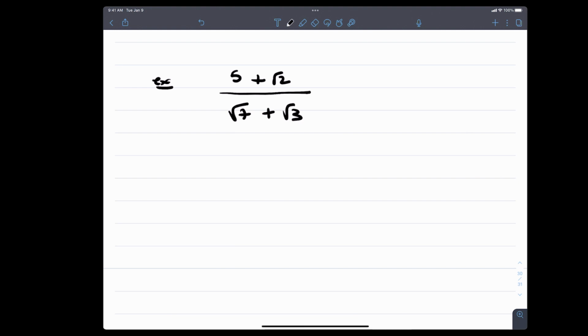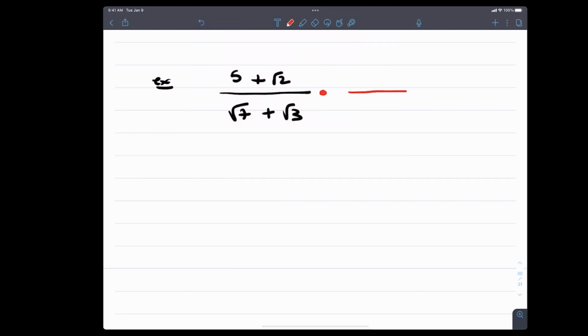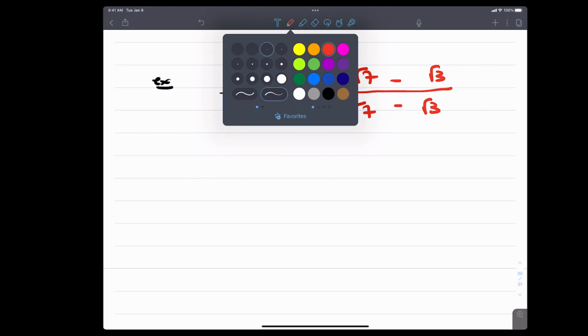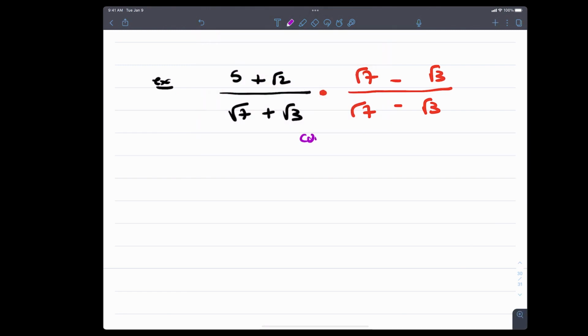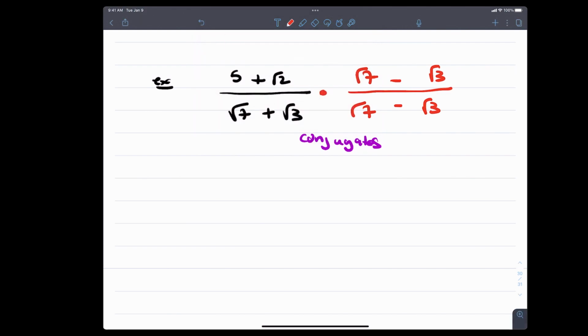Now, ladies and gentlemen, this is going to get interesting. You still multiply top and bottom by the conjugate, by the cousin here, right? Conjugates. But this time, put parentheses here, everywhere like that, okay?